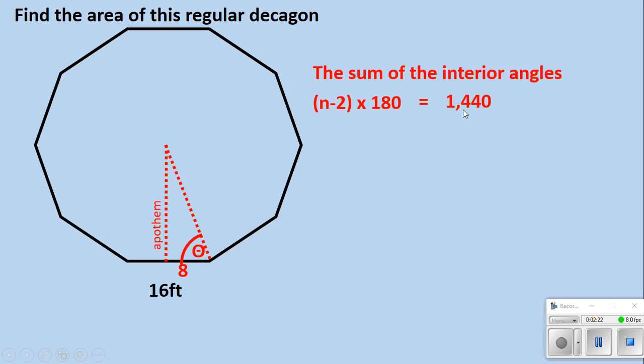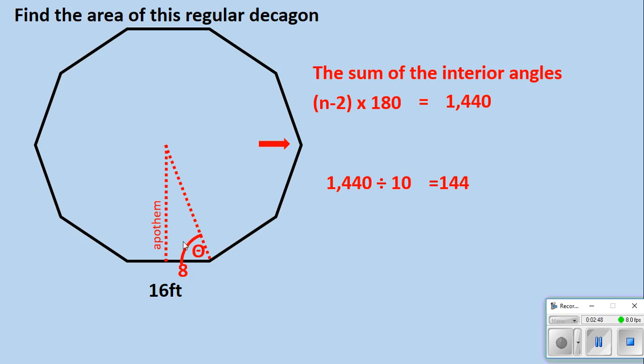But this total that we've just gotten is not the measure of our angle. That total is the measure of all of these angles. What I need to do is get it down to just one angle. So I'd have my total here, the 1,440, and I'm going to divide by how many angles there are. For me, that's 10 angles. So 1,440 divided by 10 gives 144. That means this angle right here is 144.